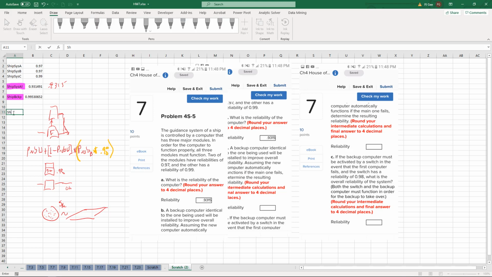Let's do this again. Ship, what do we call it? Back with a switch, something like that. We're just going to punch out the same equation again. That's the probability of it working plus, now we need some parentheses here, 1 minus the probability of it working, or the probability that it will fail, times, don't really need the parens, but it helps to show what's going on here, times the probability.